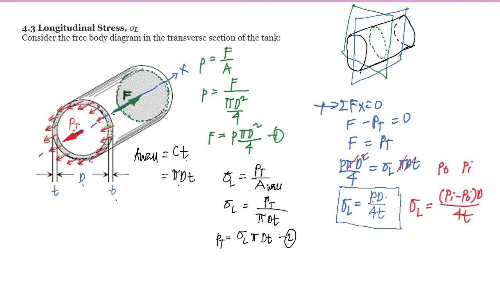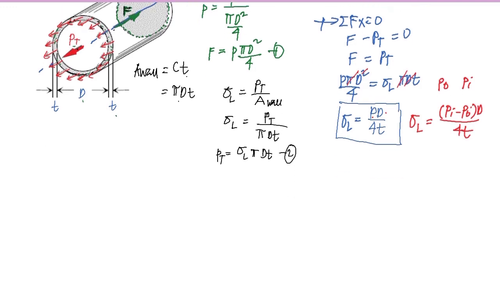Now, let's talk about the relationship between the longitudinal stress and the tangential stress. The tangential stress is equal to PD over 2t, and the longitudinal stress is PD over 4t.